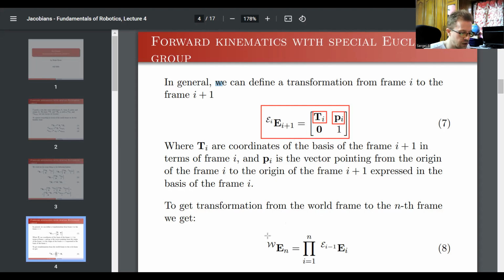And to get world coordinates of the frame number n, you multiply all previous frames. We're talking about series linkages, right? About series of frames. We multiply all previous frames like this, and we get the world coordinates of the last frame, or of the frame number n. Does this make sense? Yes. Do we have questions?